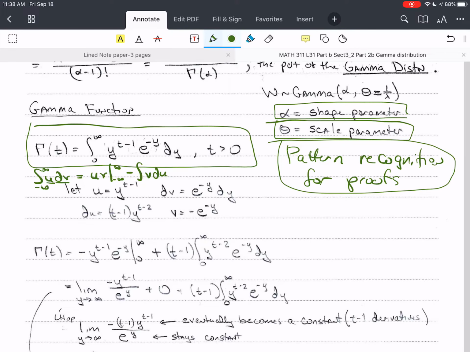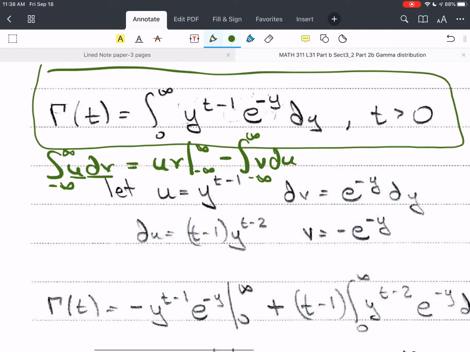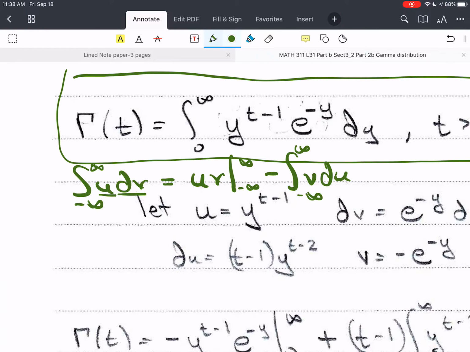So v du. And again, negative infinity to infinity. So the integral of u dv equals uv evaluated from the limits. I put negative infinity to positive infinity, but whatever, it may not be defined on all of that. So from the lower limit to the upper limit, and then we have the integral of v du from the lower limit to the upper limit.